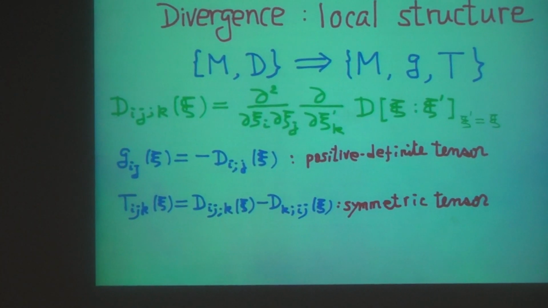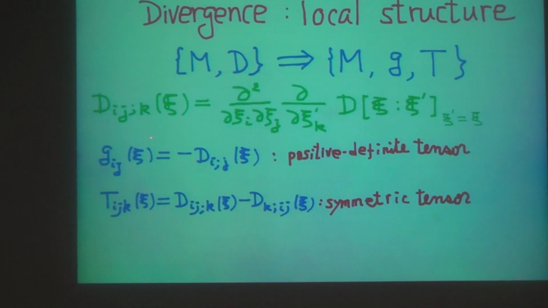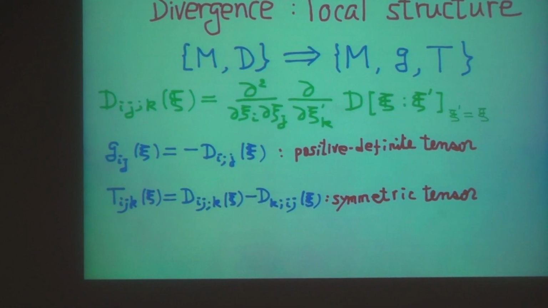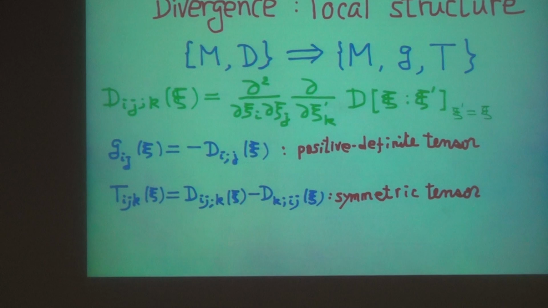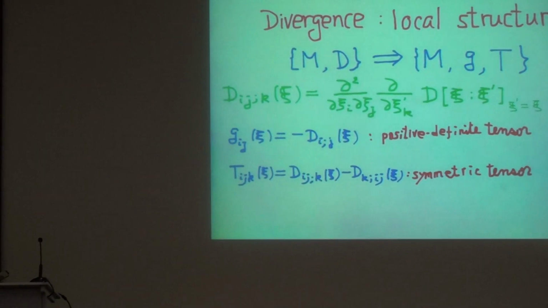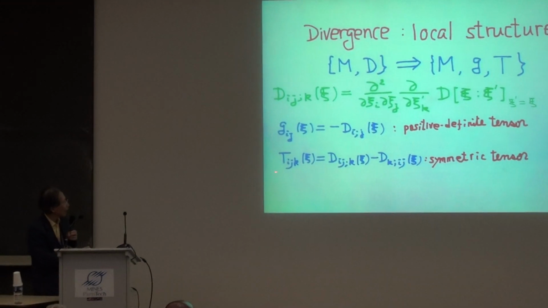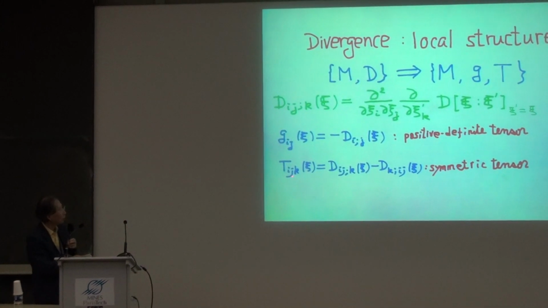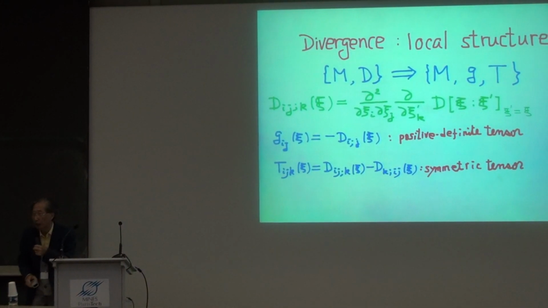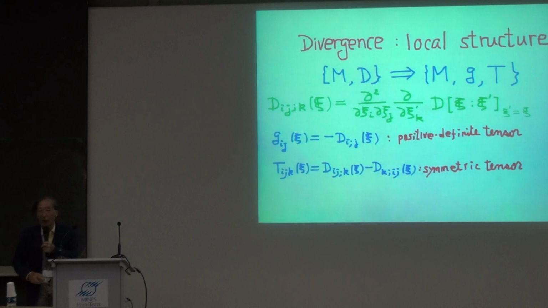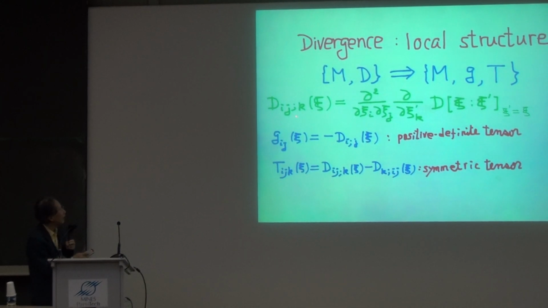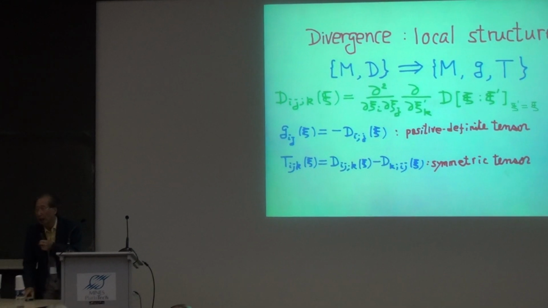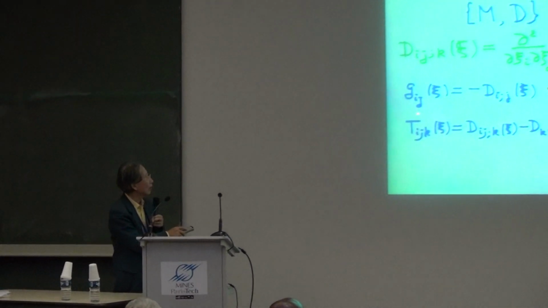One is the Fisher information in the case of probability distributions, okay? And the Riemannian metric. The other is the third order symmetric tensor. Okay? If the divergence is a symmetric one, then this tensor vanishes.